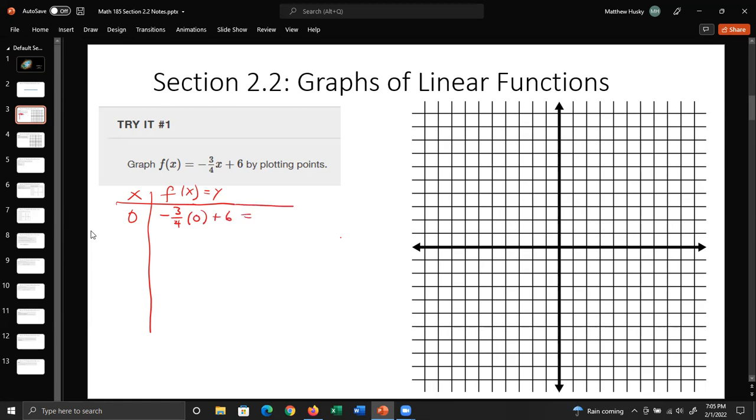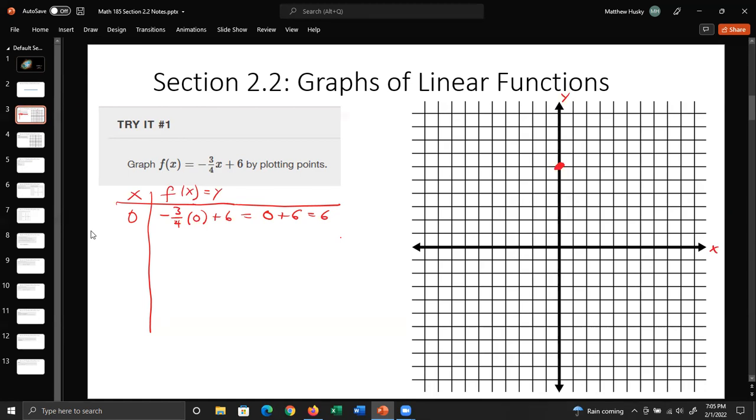Fun fact, negative 3/4 times 0 is just 0, plus 6, which is going to give me 6. So the point 0, 6. Here's your x-axis, here's your y-axis. We go 0 on the x, and we go up 1, 2, 3, 4, 5, 6, up 6 spots on the y-axis. That's going to put us right there.